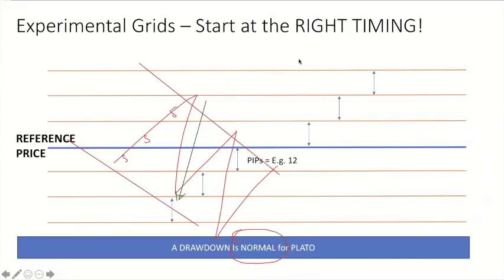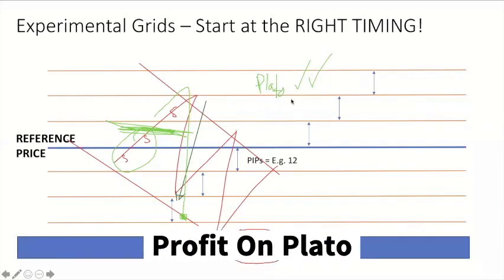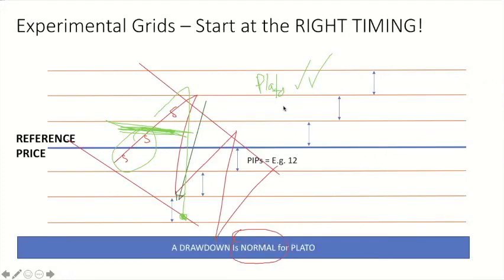So what I normally try to do is that rather than having all these drawdowns here, I try to start here when the pair is moving up, because I know it will short, and then it goes down here. I make a lot of money on the way down. So that ensures that Plateau starts extremely well for me, okay? I get a profit on Plateau, and when I do this, I get a winning start. Of course, a winning start begets more winning starts. That's just the way it is.